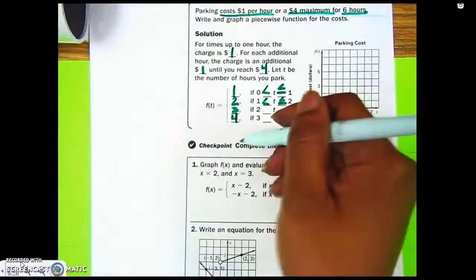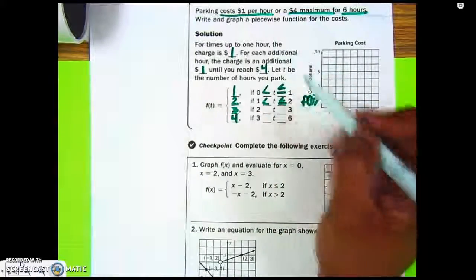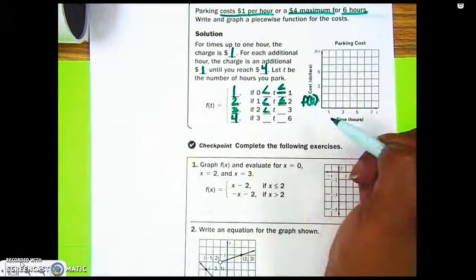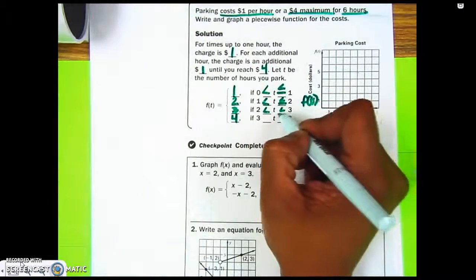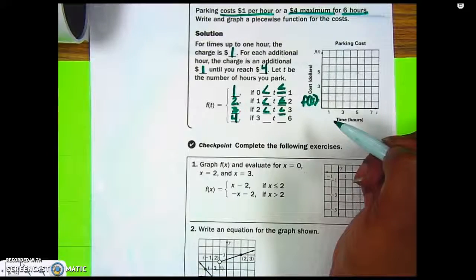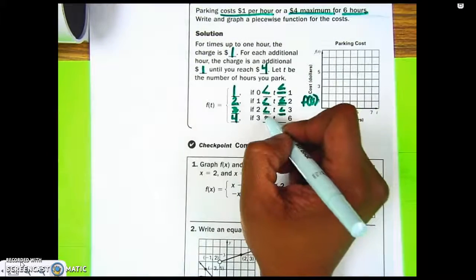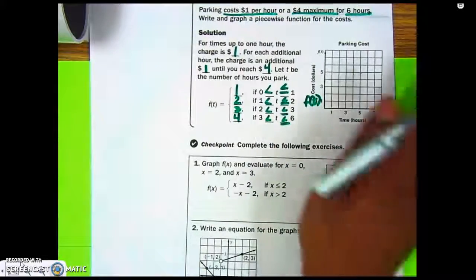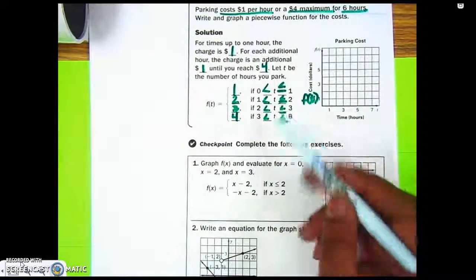And so the pattern should continue. 2 hours is already included here, so we just need a less than sign, and then we need a less than or equal to sign for the 3. And again here, and then a less than or equal to sign here. So we've written our function.